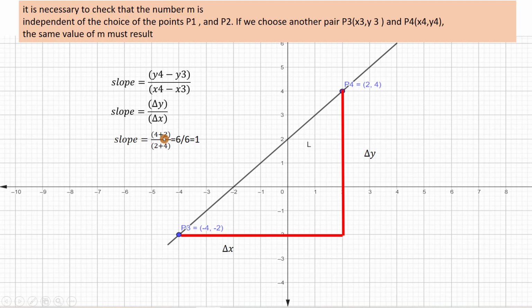Minus minus 2 will be positive, over x4 which is 2 minus x3 which is minus 4, it will be a positive sign. So 4 plus 2 over 2 plus 4 equal to 6 over 6 equal to 1. We got the same result.